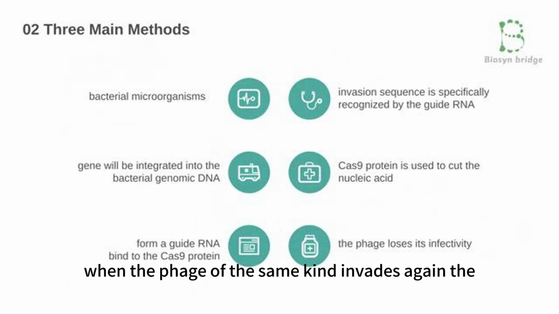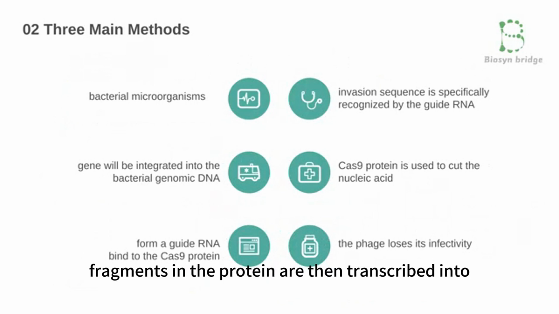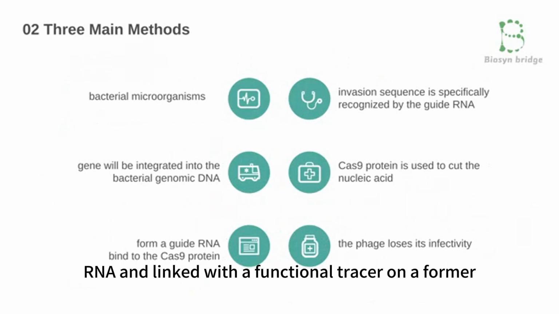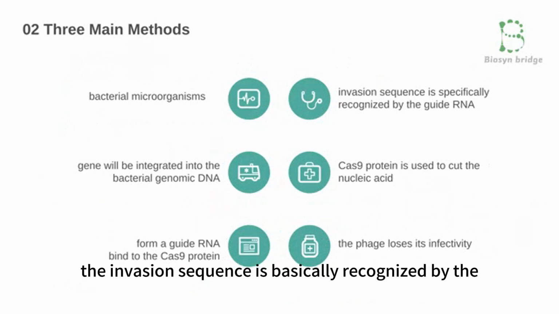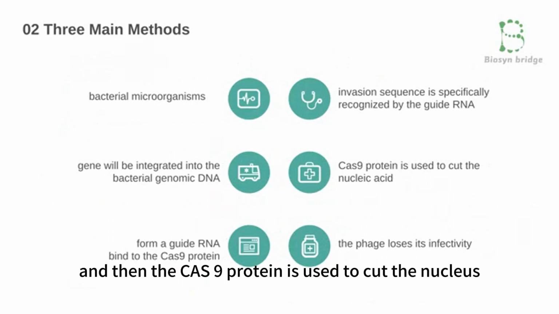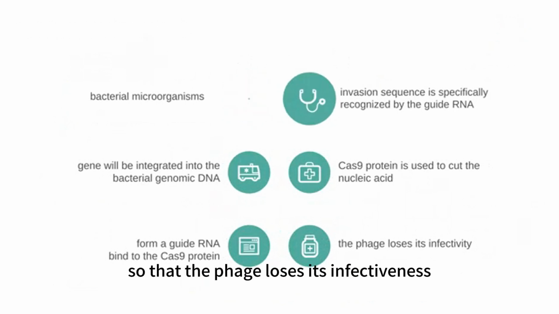When the phage of the same kind invades again, the integrated fragments are then transcribed into RNA and linked with a functional tracer RNA to form a guide RNA, which will then bind to the Cas9 protein. The invasion sequence is basically recognized by the guide RNA, and then the Cas9 protein is used to cut the nuclease, so that the phage loses its infectiveness.